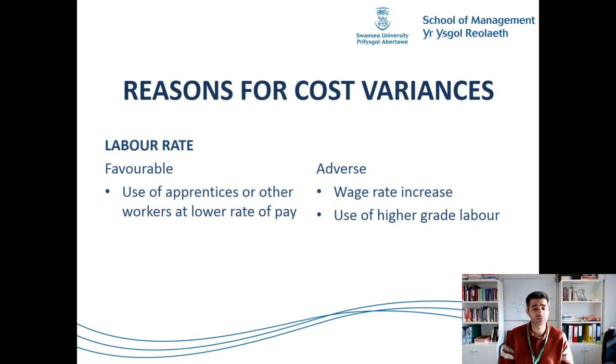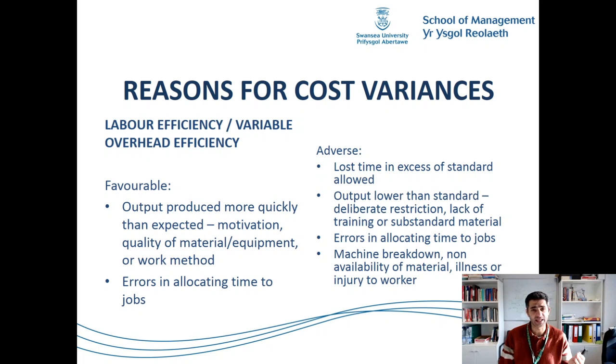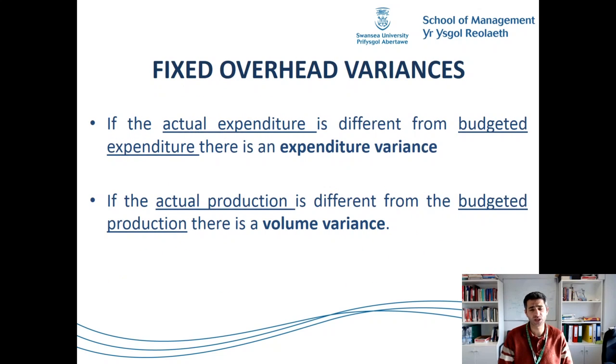Again, in terms of labor rate variance, if it's favorable or adverse. And in terms of labor efficiency variance or variable overhead efficiency, again, what could be the reason for this? Again, these are some suggested answers. So all of these we covered last week.